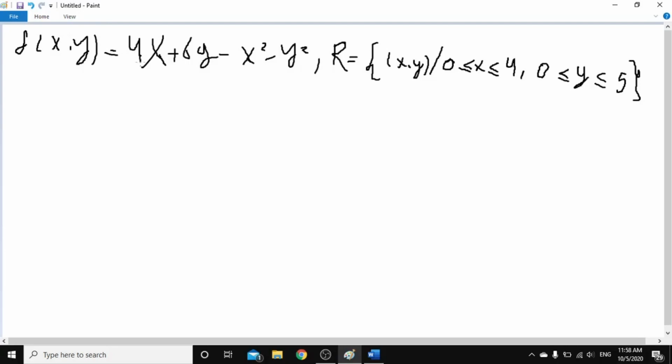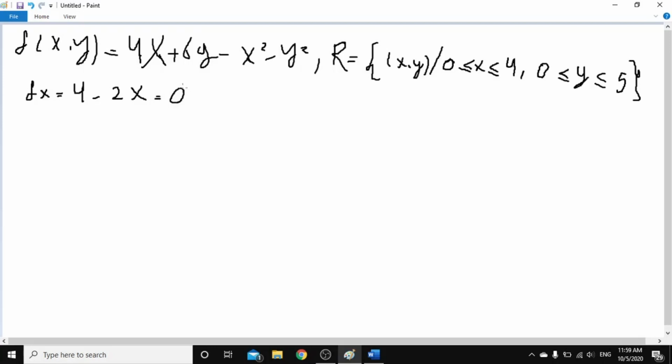First step to solve this, we need to find the partial derivatives with respect to x and y. Starting with fx, we get 4 - 2x. After we find the partial derivative, we set it equal to 0, as we said in the previous video.